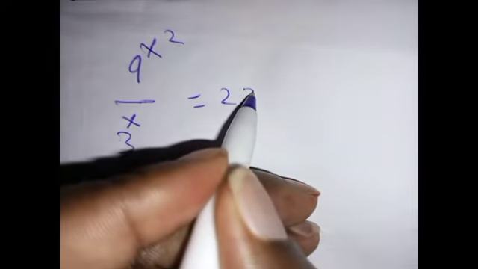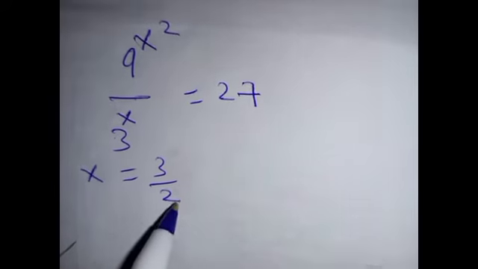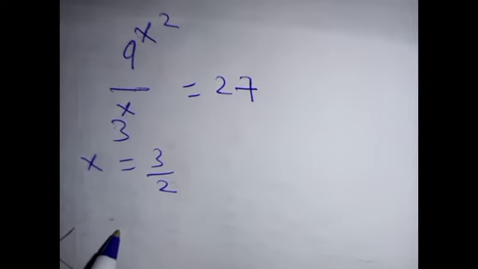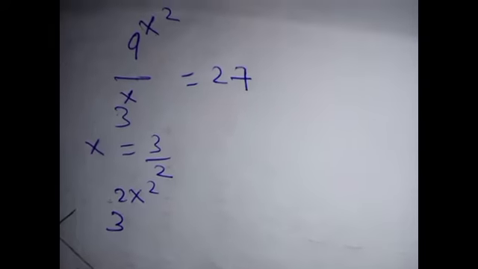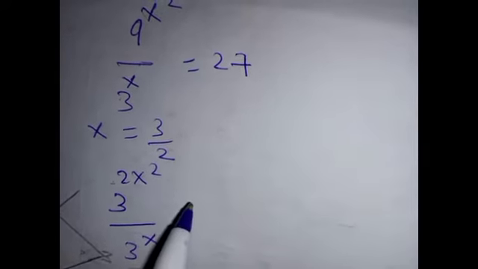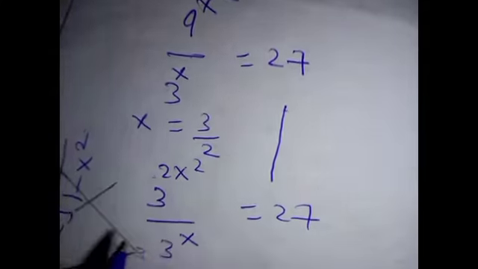Now we check 9 power 2x squared over 3x is equal to 27, given that x is equal to 3 over 2. So the numerator can be written as 3 power 2x squared, divided by 3x, which is equal to 27.